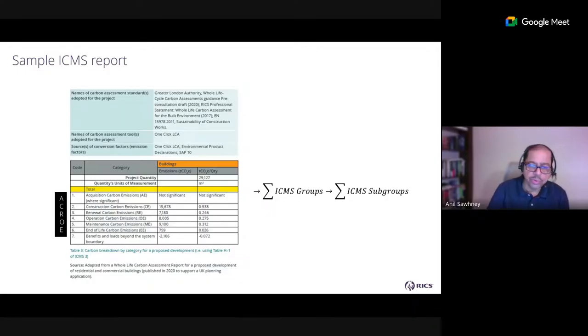So basically what we are doing is summating under each category: acquisition, construction, renewal, operation, maintenance, end of life, all the ICMS groups and subgroups to bring up these values. So imagine now you had simultaneously life cycle cost. You can now make a decision which option would work best for you.